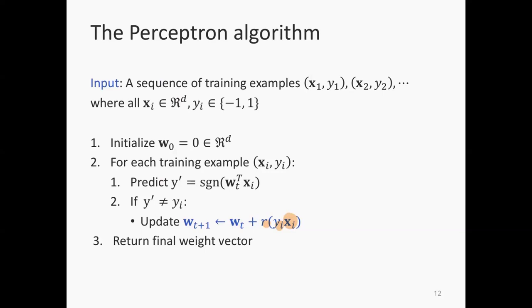So this is the entirety of the perceptron algorithm. w_t and w_{t+1} are both d-dimensional vectors. x is another d-dimensional vector here. So if there's a mistake, you multiply the label, which is -1 or 1, with the feature vector, and then multiply that by some number r, which we'll talk about later, and then add it to the weights. This is the entirety of the perceptron learning rule.